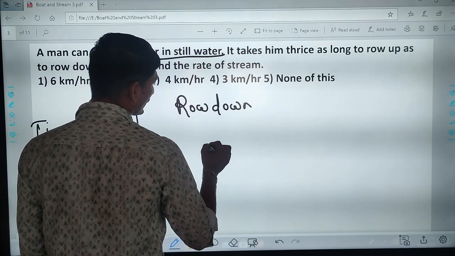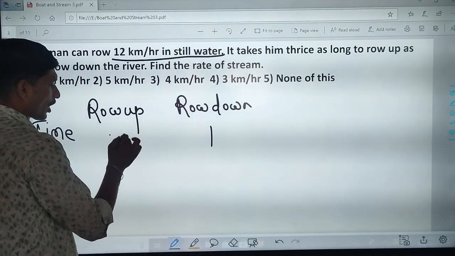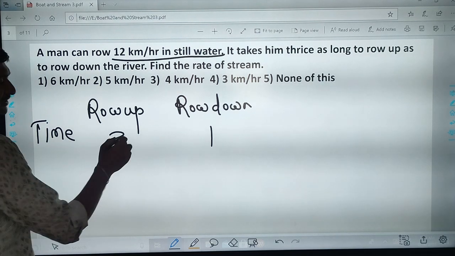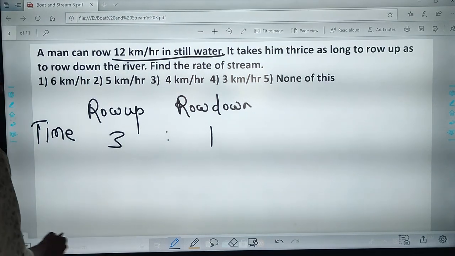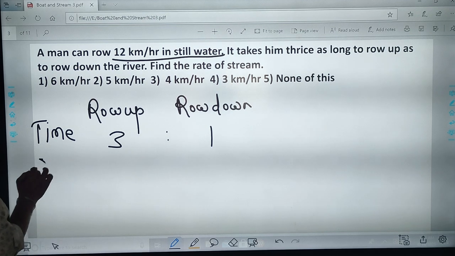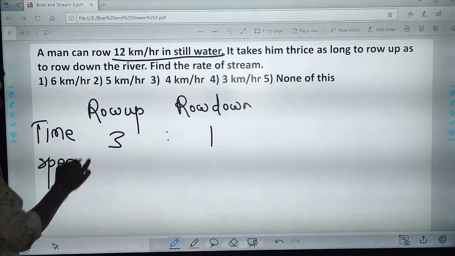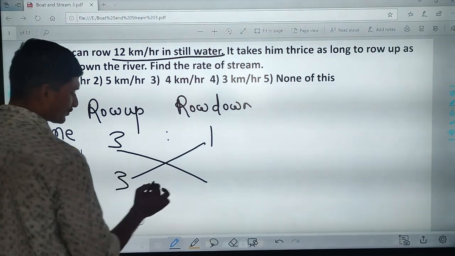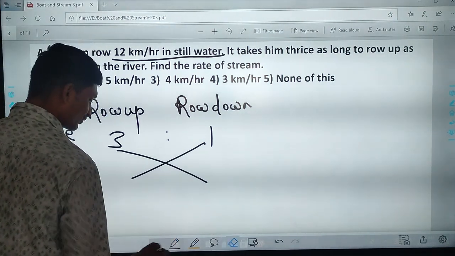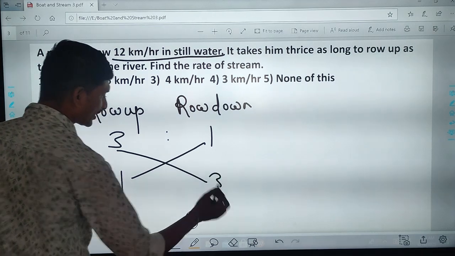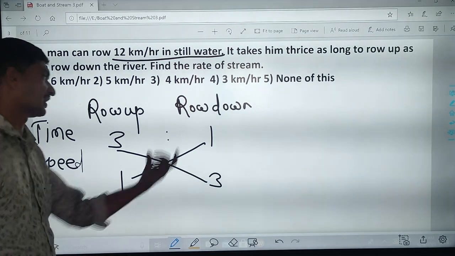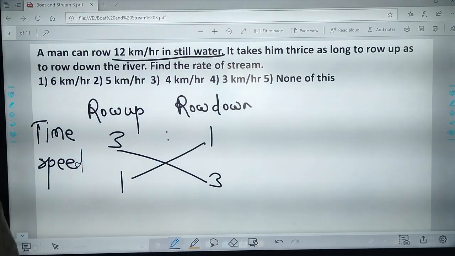Here the time required for row down is 1, then row up is 3. This is the ratio of time required. Then the ratio of speed is, by cross multiplication, 1 to 3. Then row up speed is x, row down speed is 3x.